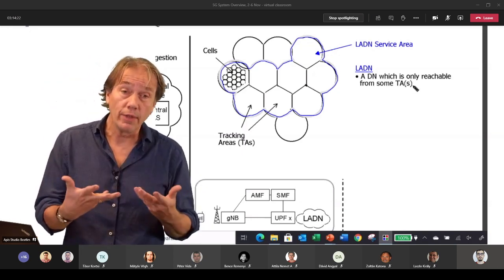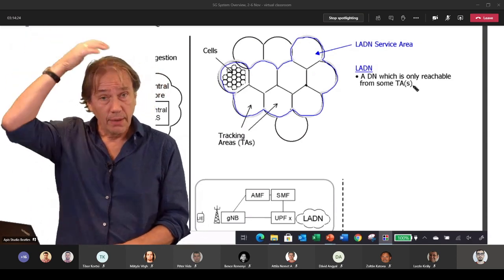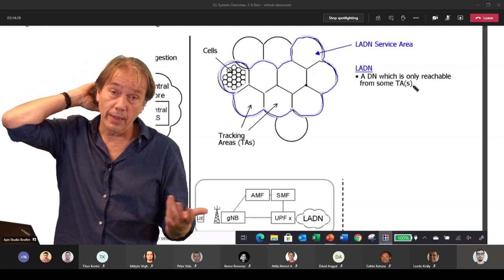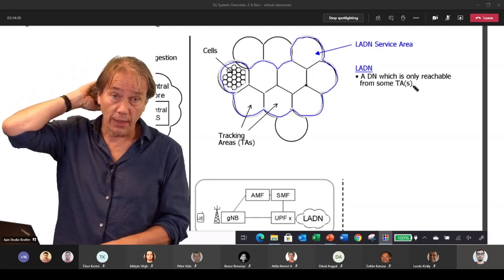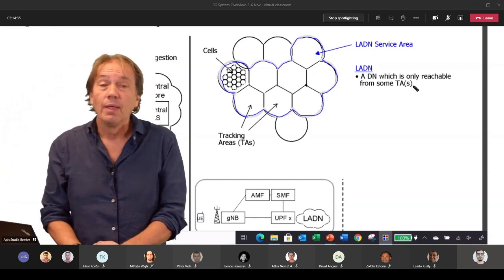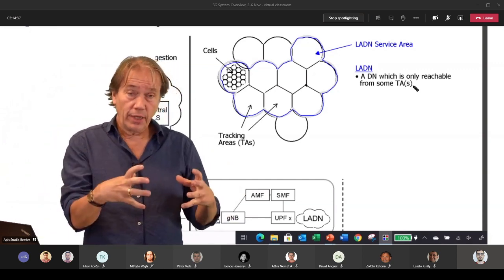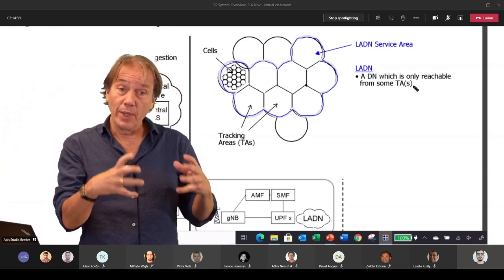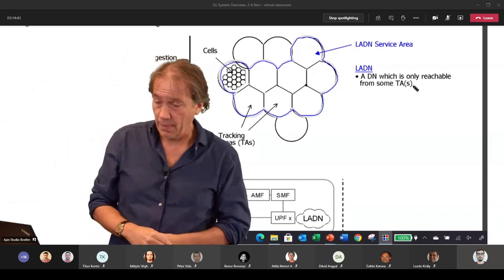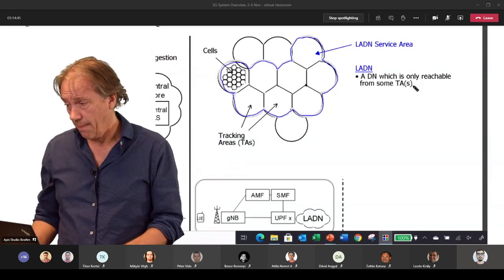It can be one single tracking area, and one tracking area can be one single cell. It's a network planning thing, obviously. So a LADN service area can be really small, or it can be slightly bigger.